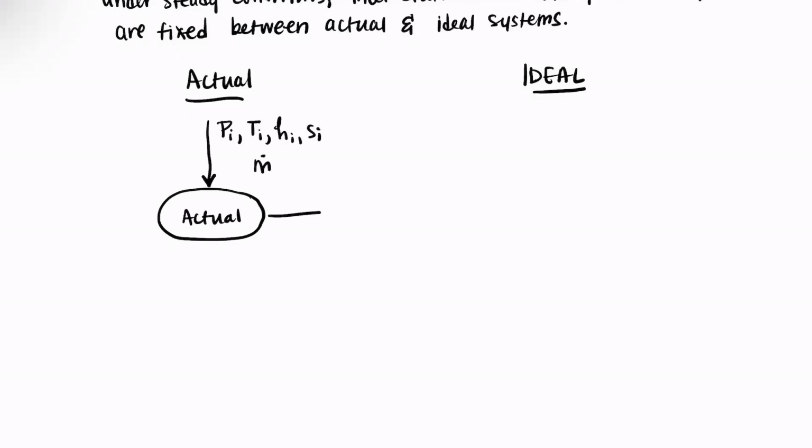Then we're going to be inputting power into a pump, so we have W dot A. Compressors and pumps always require power to be input to them. At the exit, we have an exit pressure, an exit temperature, an exit enthalpy, and an exit entropy.